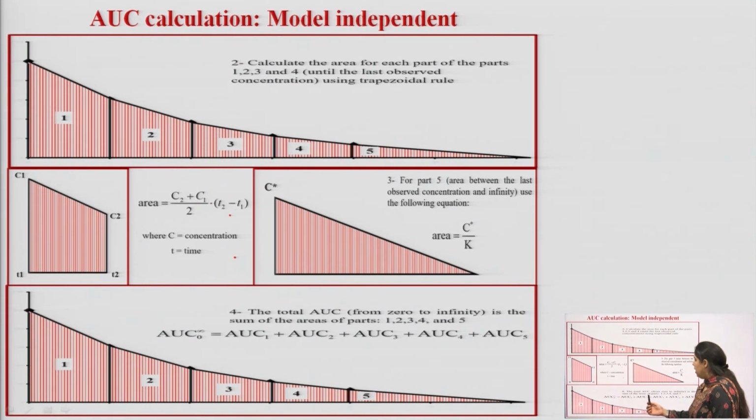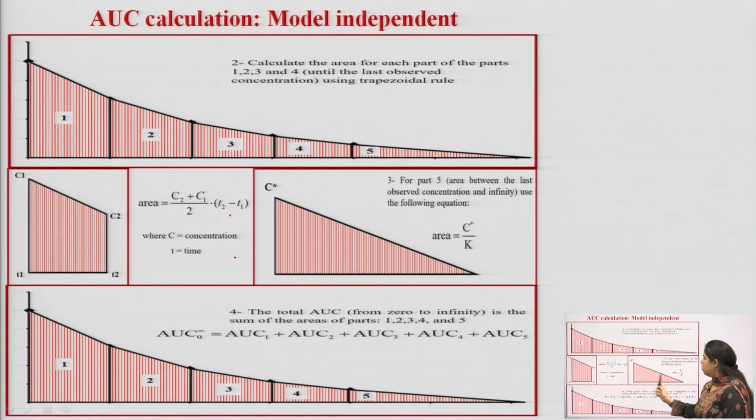Fourth, the total AUC from 0 to infinity can be calculated using the sum of the areas of parts 1, 2, 3. That means you are using this equation to calculate the individual areas, but for this last area you are using this equation, because further no concentration will be seen.